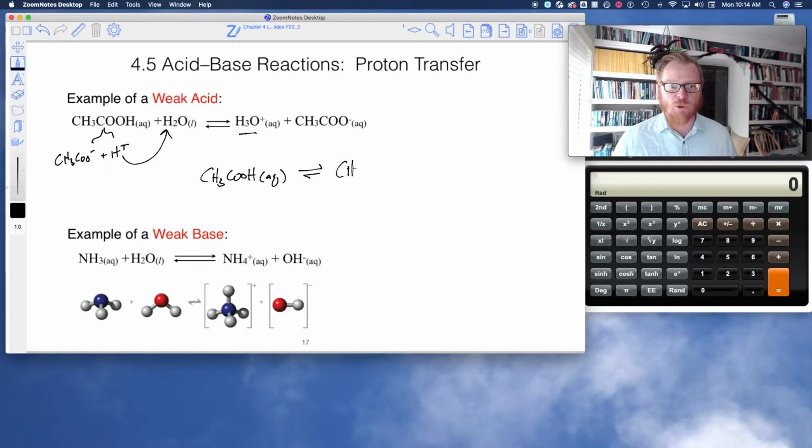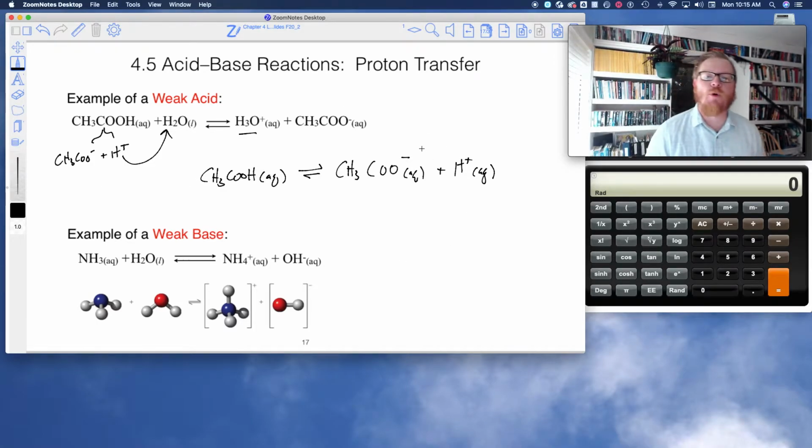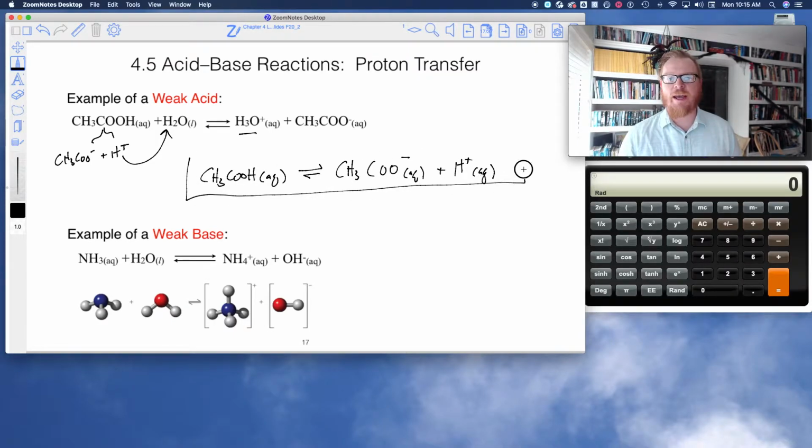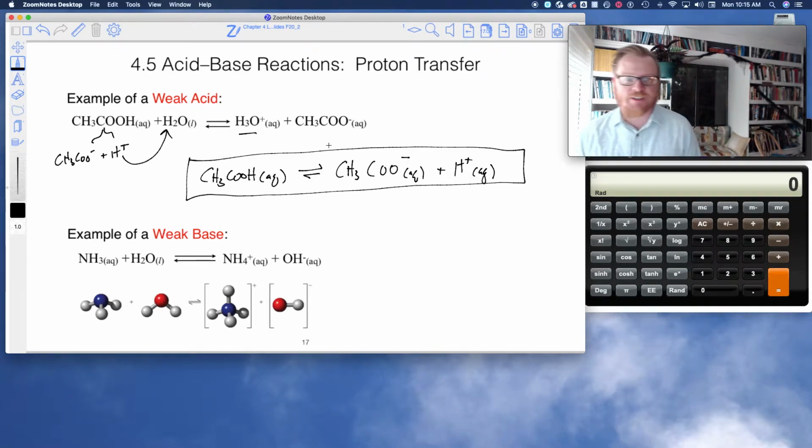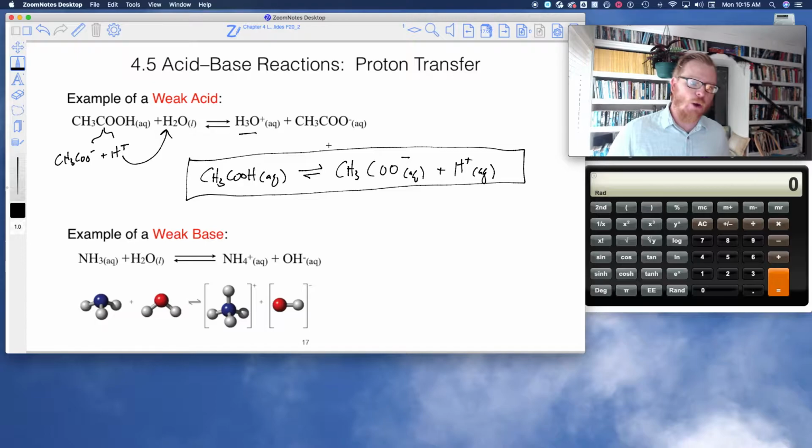So I would write this shorthand by dropping out the water: CH3COOH is in equilibrium, or reacts to form, CH3COO minus (aq) plus H plus. Okay, so this is one example of a weak acid that I want you to know. When we get into Chem 110, there's going to be tons of weak acids that we talk about, but for this class, this is the example of a weak acid that I want you to know.